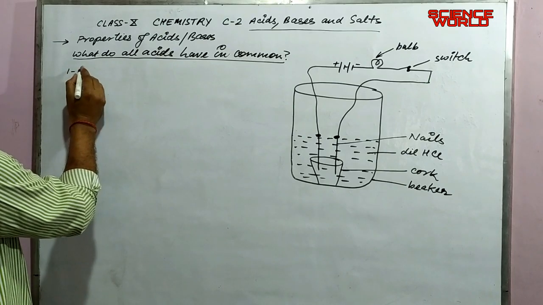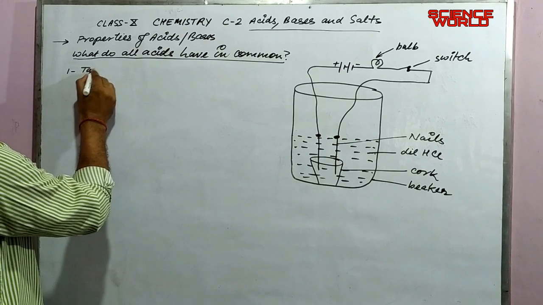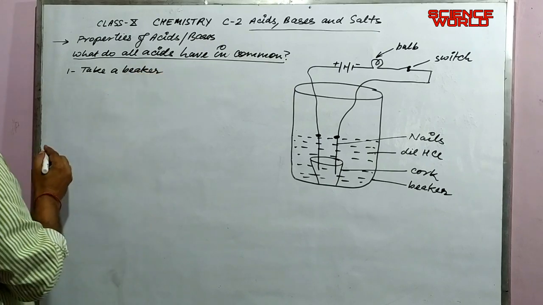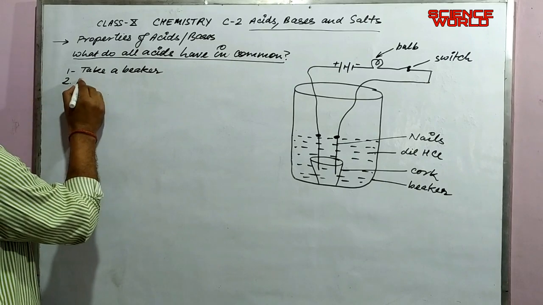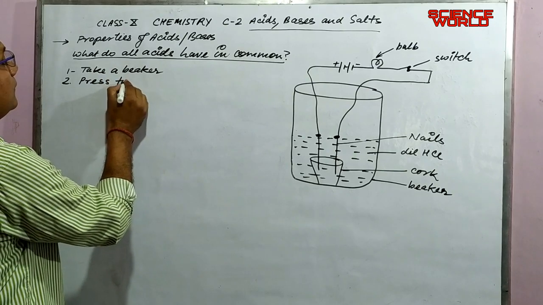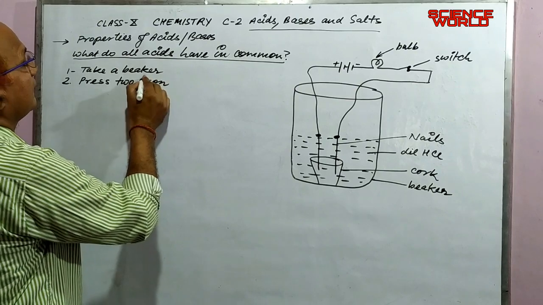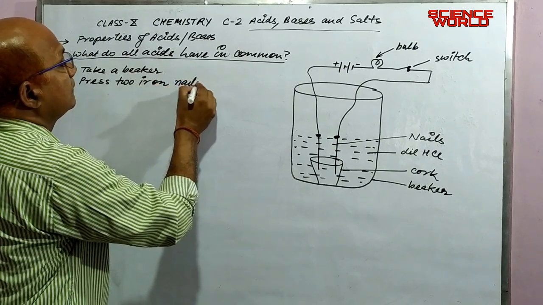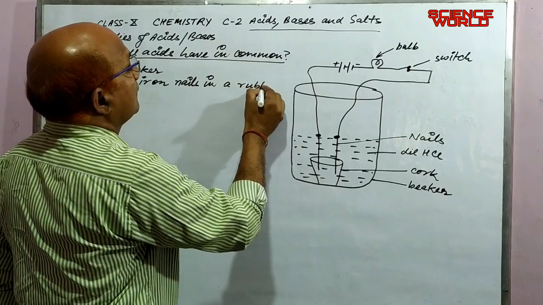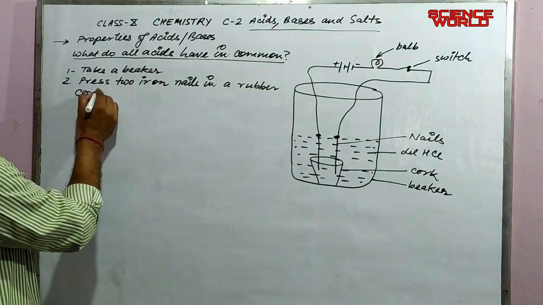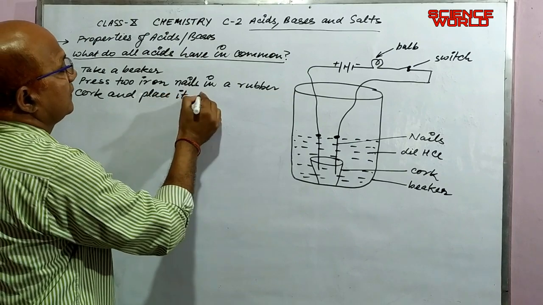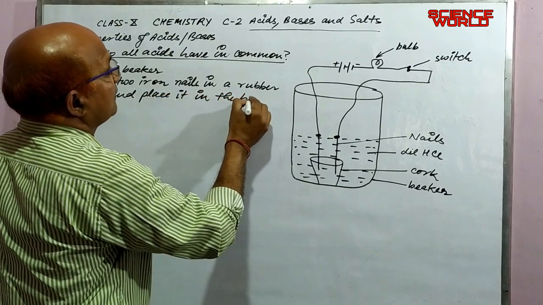First of all, take a beaker, press 2 iron nails in a rubber cork and place it in the beaker. Okay.